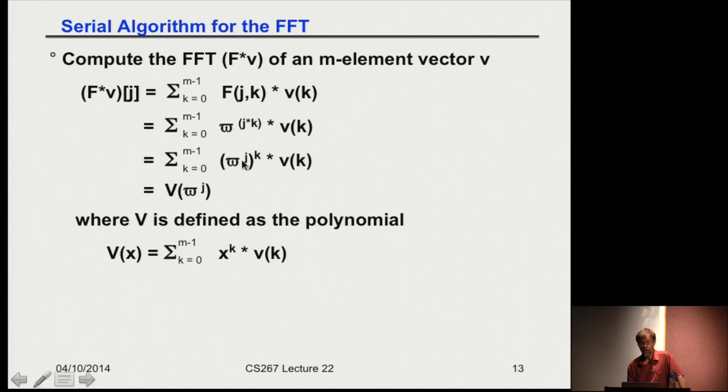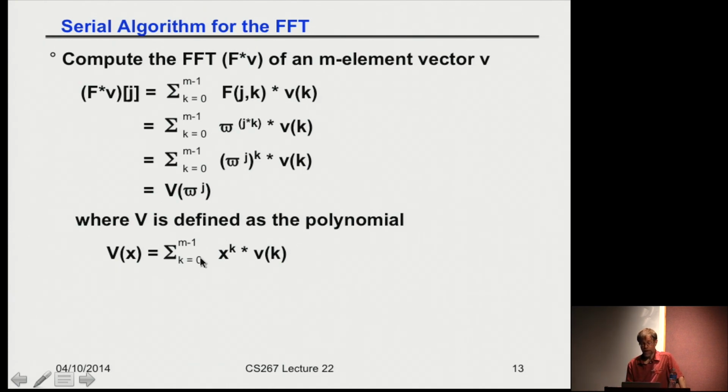And the point at which I'm evaluating it is omega to the j. So it's omega to the j to the 0 times v0, omega to the j to the 1th times v1. So there's my polynomial. So the coefficients are the v's, and the points at which I'm evaluating it are omega to the 0, omega to the 1, omega to the 2, all the omega to the j's. So this is just notation.